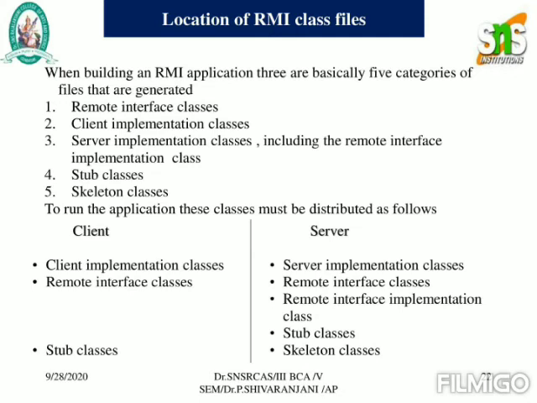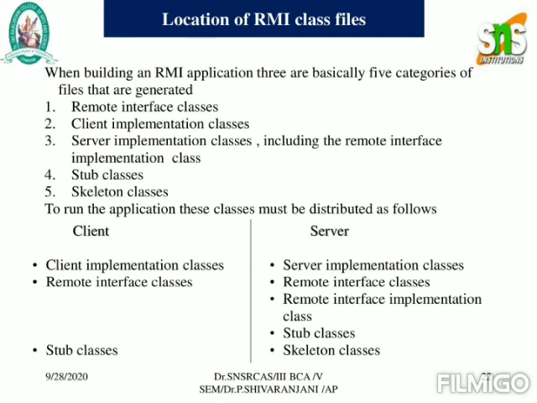So the next one is location of RMI class files. When you are building your RMI files, there are 5 categories of files that can be generated.